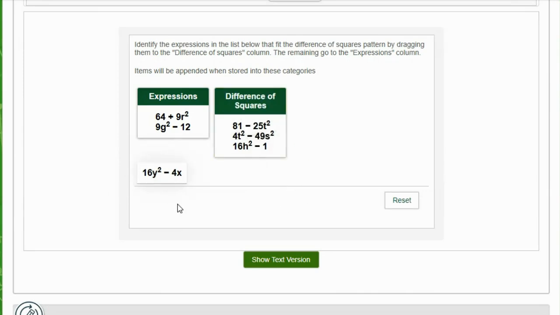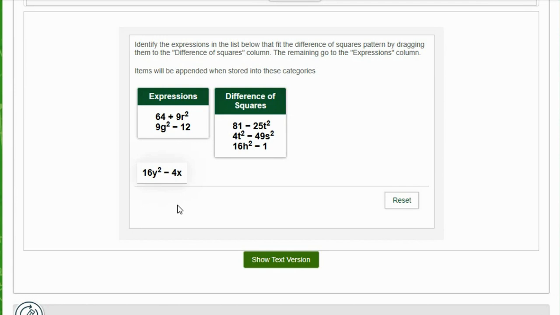All right, last one. 16y squared minus 4x. Oh, I've seen some thumbs down right off the bat. Elijah says, no way, man. What's the problem?